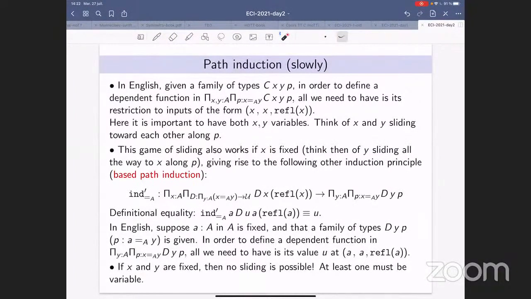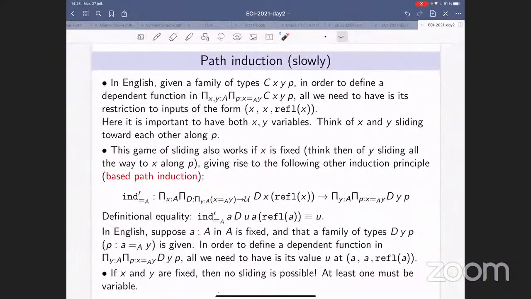Then, if you want to define a dependent function that will take an X, a Y, and a P and return an element of C X, Y, P, all you need to do is to define this function for the triples formed by an X, the same X, and as P, you take the reflexivity of X. Something very important here is that this principle works only if everything here is variable.